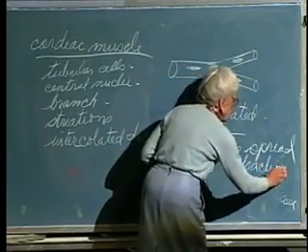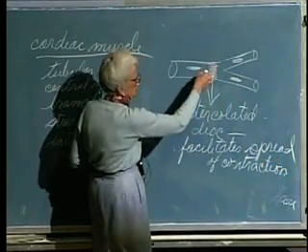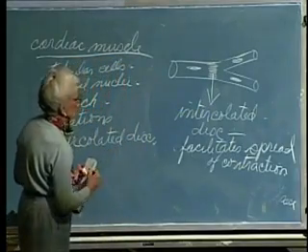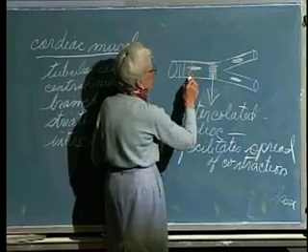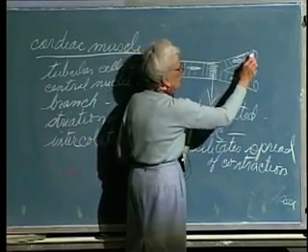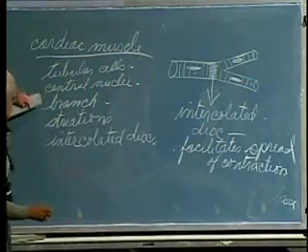So it's a modified junction between nerve cells, which is much more efficient than between other cells. You have intercalated discs. So the minute you see those, you know you have cardiac muscle. Then we have our striations. So that gives us our basic characteristics.